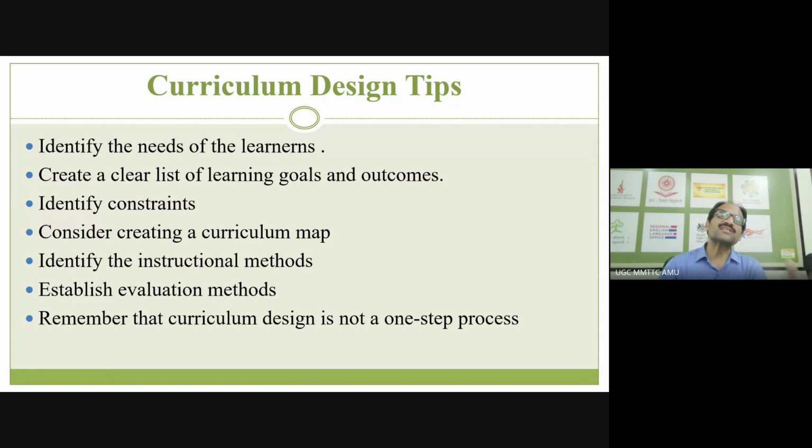Then infrastructure constraints. Do you have everything which is required? I mean, you want to teach through PowerPoint, you want to have a blended class. So do you have the connectivity as well? Do all of your students have those instruments? I mean, all these costs. So infrastructure constraints, time constraints, resource constraints, all those things you have to keep in your mind.